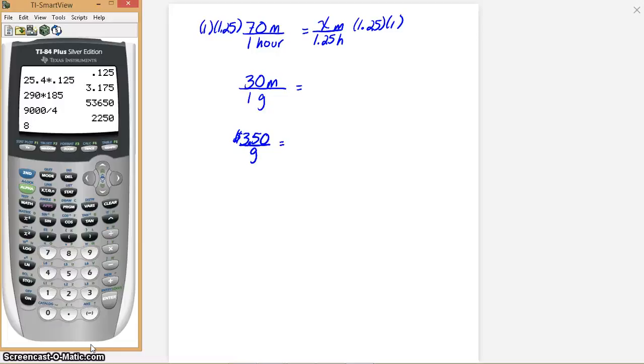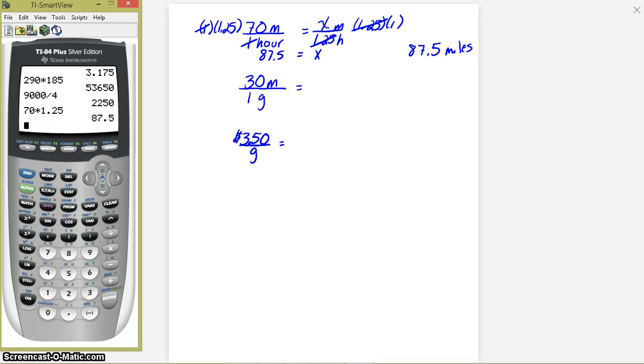If we solve this, just like we've been doing, multiplying both sides by both denominators, we get x times 1 is just x, equal to 70 times 1.25, 87.5. So she drives a total of 87.5 miles on the highway. Okay?